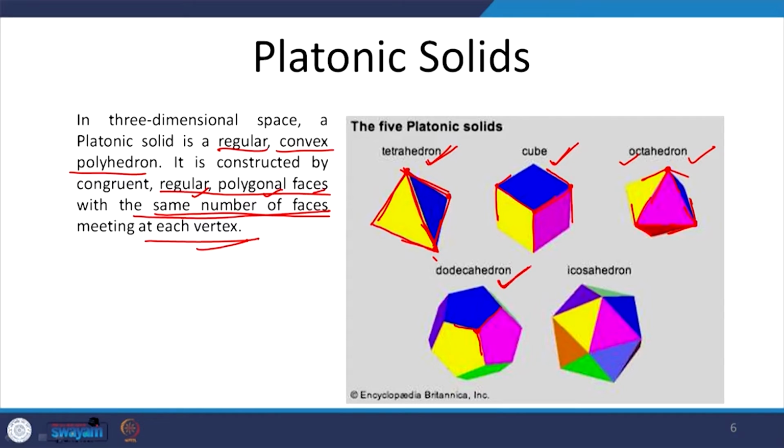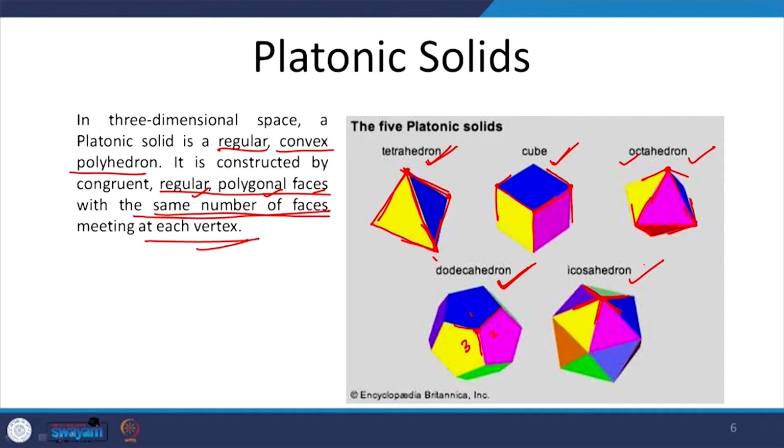So, in a dodecahedron we have regular pentagons, and each vertex has 3 pentagons coming together, which is what is called a dodecahedron. And the last one is an icosahedron. So, for icosahedron we have 5 equilateral triangular surfaces meeting at each vertex, and there are a total of 20 faces.